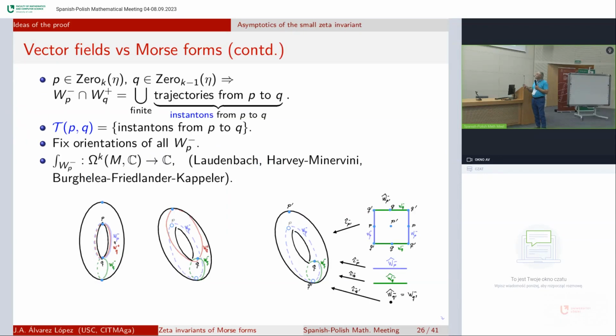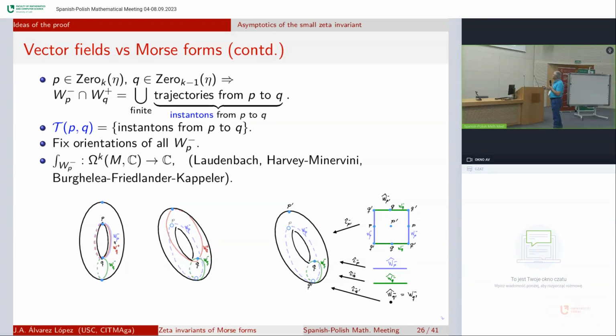For instance, here I draw a picture. The left picture is the most typical Morse function, which is given by the height function of this torus embedded in R3, and it has the critical points where the tangent plane is horizontal, those 4 points.